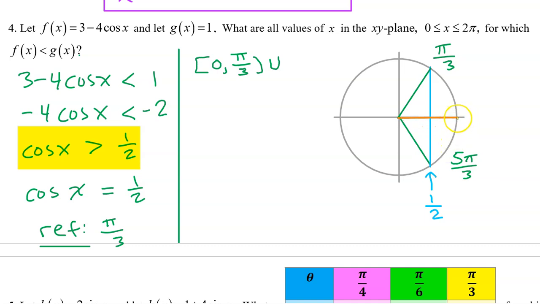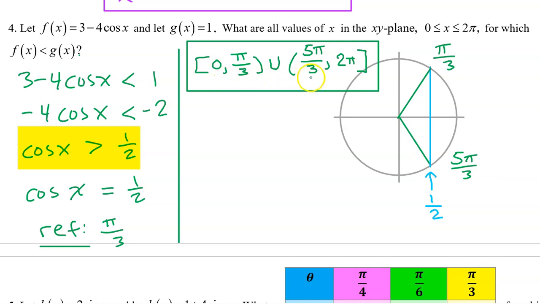What about the endpoint of 2 pi, which is in the domain, so we have to consider it. At 2 pi, the horizontal displacement is greater than 1/2. So 2 pi should be included. So I'm about to record solutions between 5 pi over 3 and 2 pi, not including 5 pi over 3, but including 2 pi.